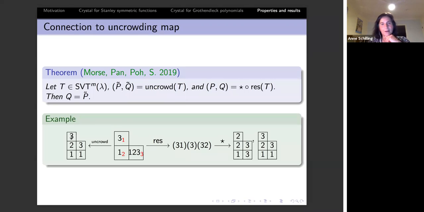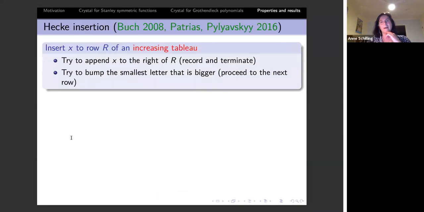And now finally, let me briefly mention something about the Hecke insertion. As I said, in this paper by Monical, Pechenik, and Scrimshaw, they tried to intertwine their crystal operators with the Hecke insertion.